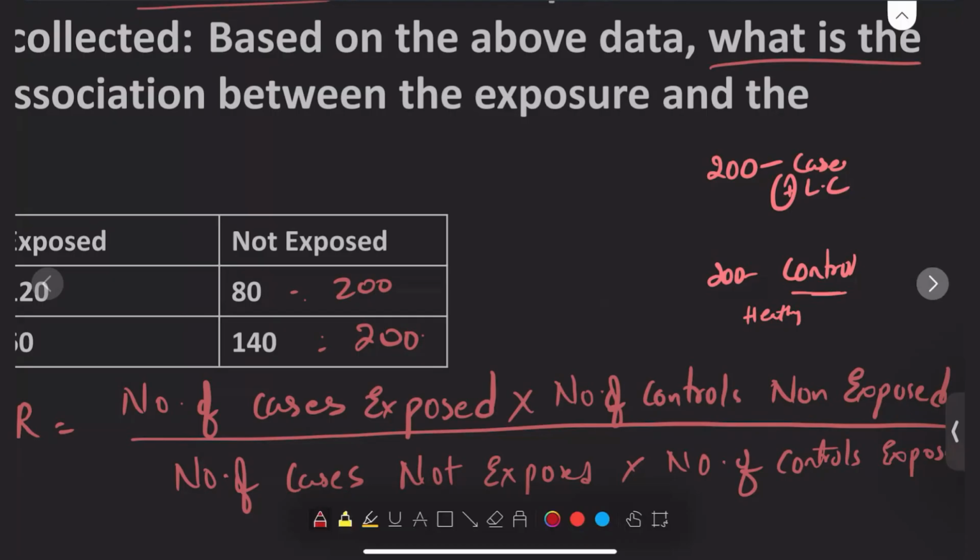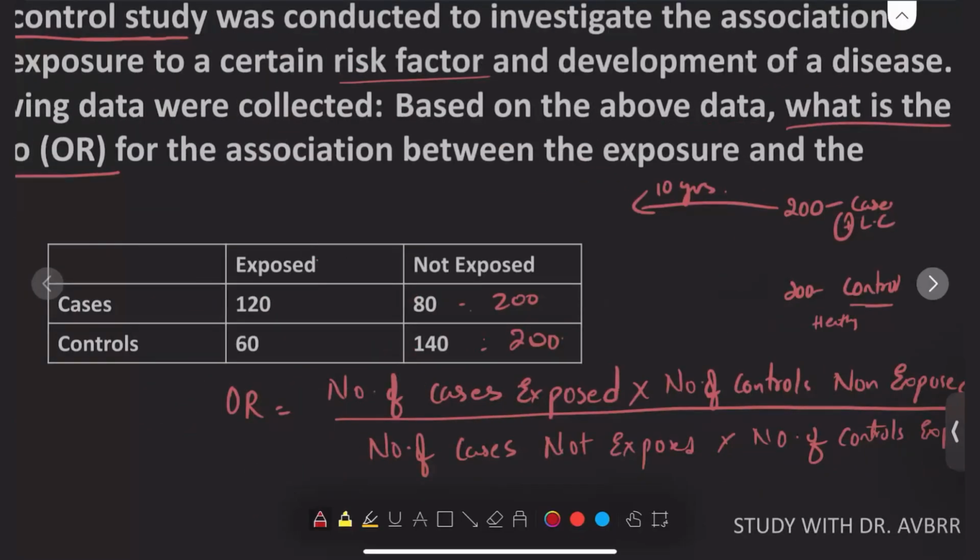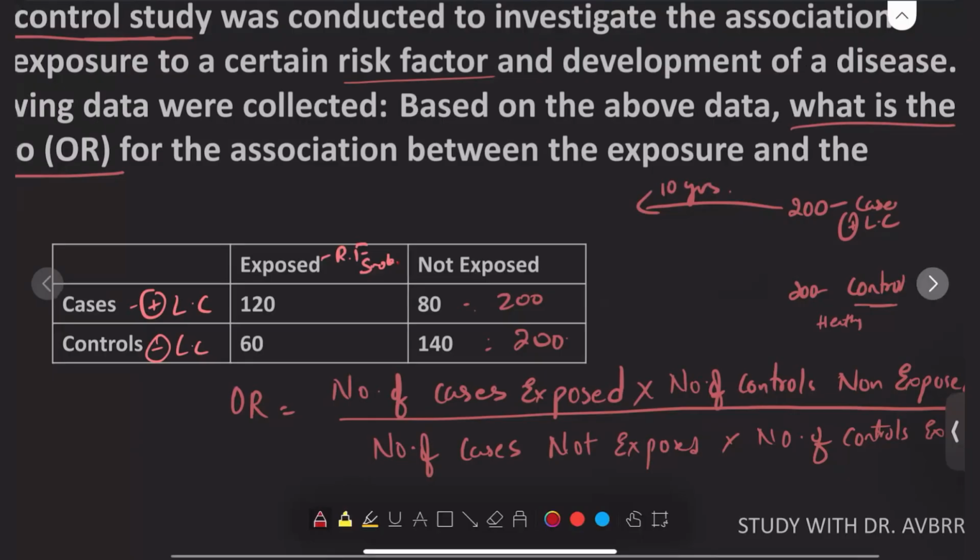So in this study, I'll go back 10 years. In the past 10 years, I'll check how many people were exposed to the risk factor. Let's say our risk factor is smoking. According to this question, exposed to the risk factor smoking, and case is with the disease, lung cancer. In the case group of 200 people, there were 120 exposed and with the disease.